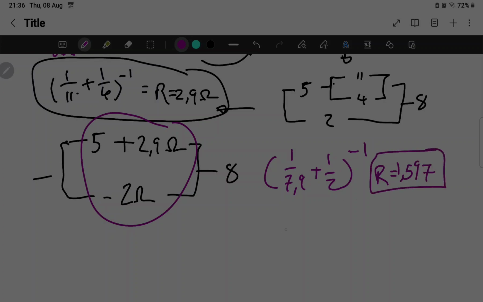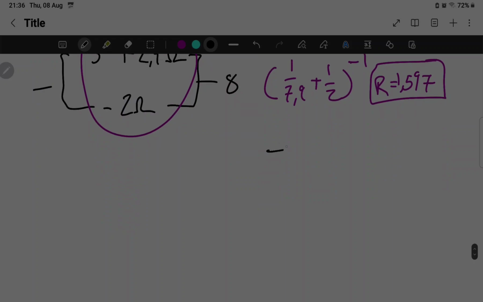Now we redraw that: 1.597, and then we have an 8 ohms over there. Adding 1.597 plus 8 ohms gives our total resistance of 9.95 ohms.